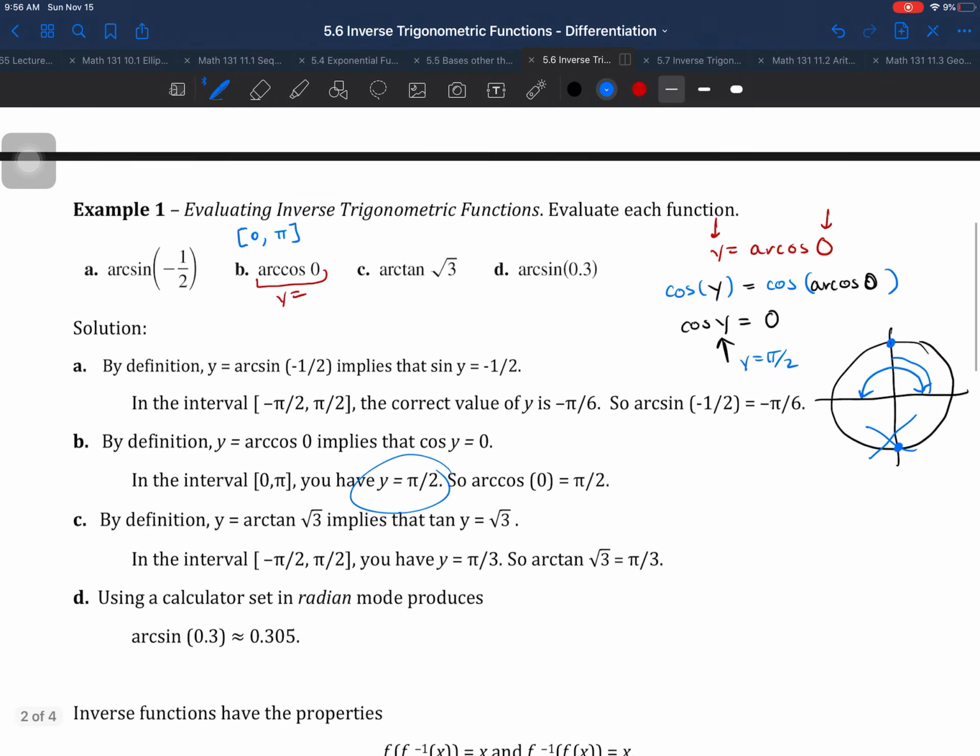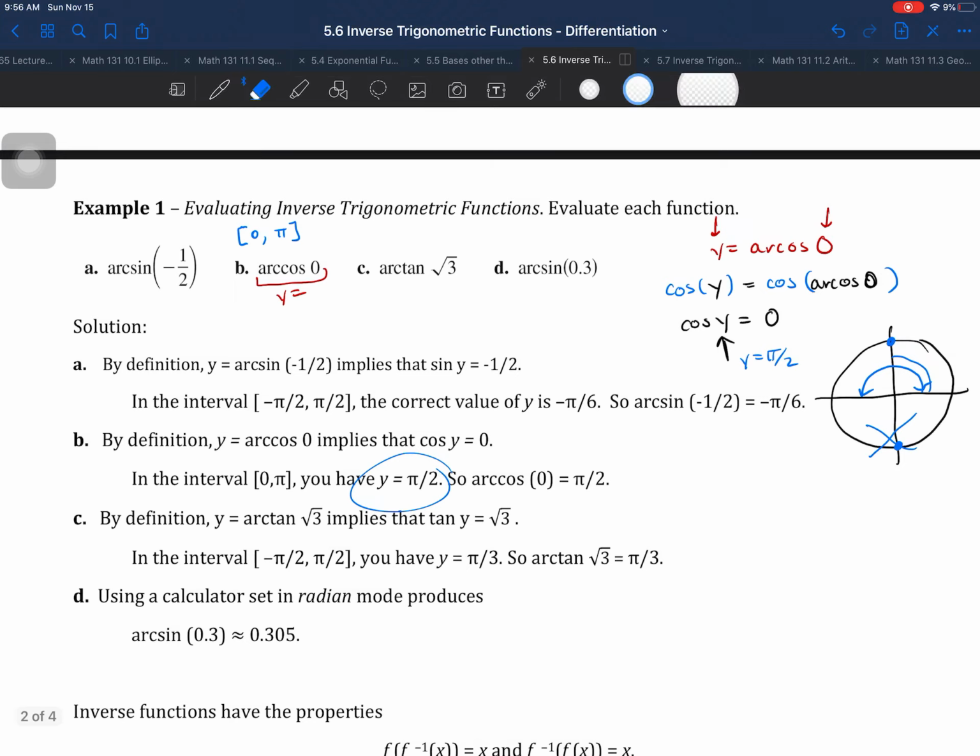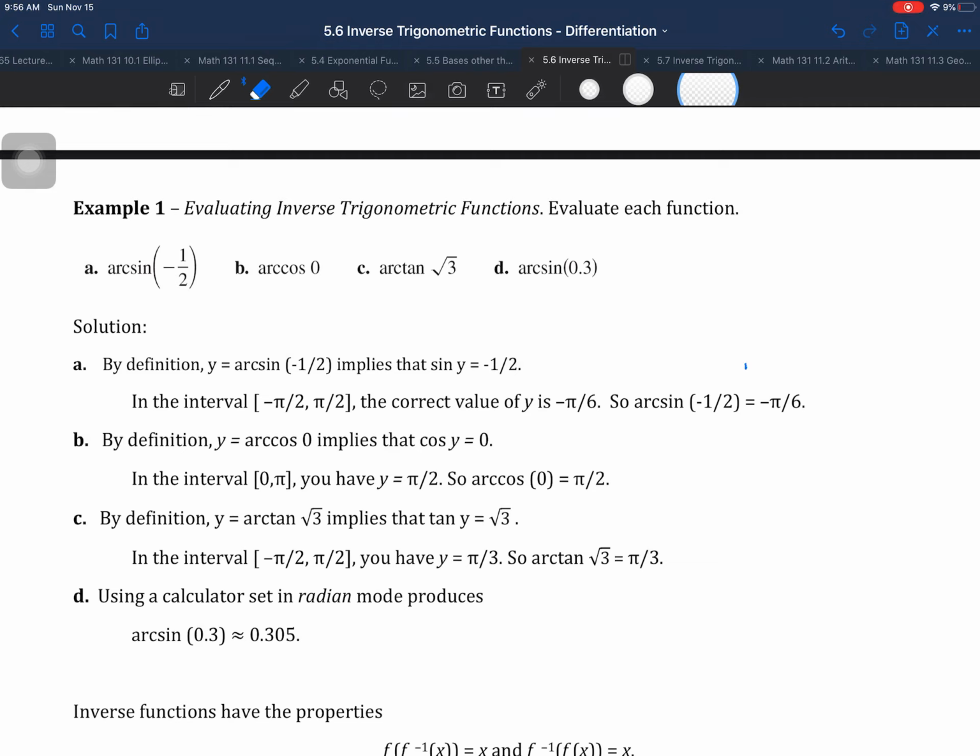All right, and I'm going to erase this. On the next one, we'll do the same thing. We're going to take the arctangent of this. We're going to let y equal this. Because we're not familiar with the values of arctangent, it makes logical sense to transform this in terms of tangent.